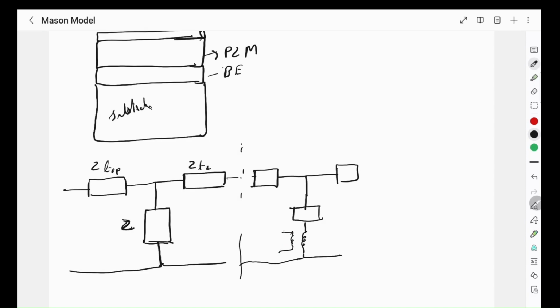Similarly, I'll have a Z0 and a capacitance from the piezo, so that will come. And similarly I will have one for the bottom electrode. This is the impedance of the bottom electrode, and it will come here like this.